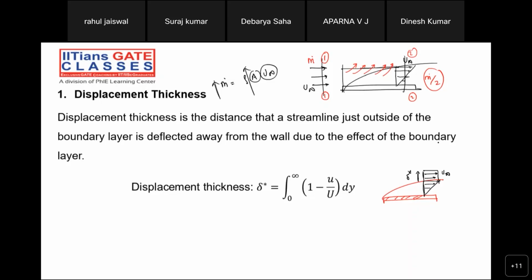Right? So just note down one more definition of boundary layer, this displacement thickness. What is that?